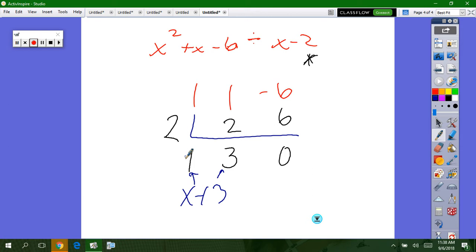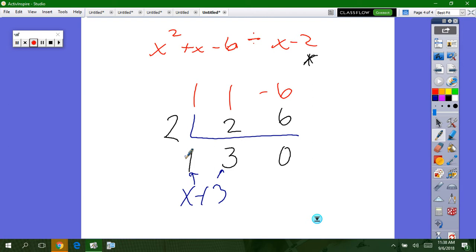Linear binomial, the x plus or minus something, times what would give me x to the 4th? It would have to be an x cubed, wouldn't it? So all that does is take us down a notch. This was x squared, what's this? X. If I had x to the 4th, what would this be? X cubed. So it just brings us down a degree. That's why this works.